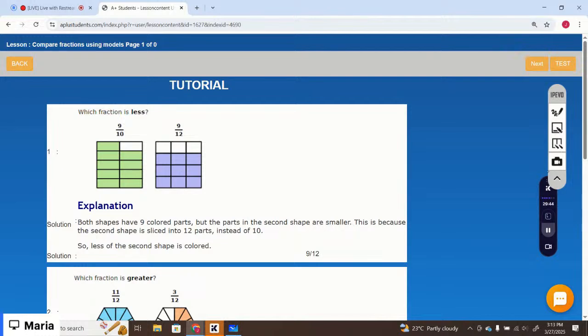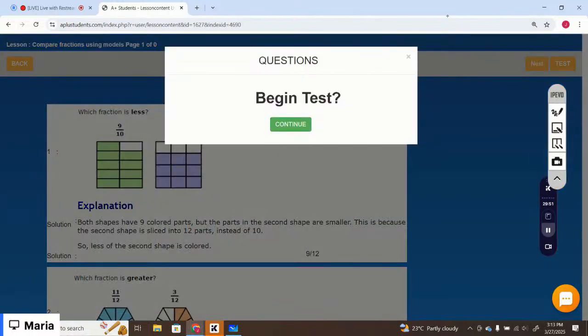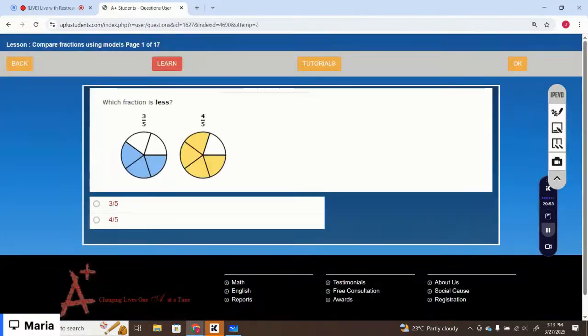So 9 by 10 has a greater portion colored than 9 by 12, so 9 by 12 is less than 9 over 10. Let's just start with the test questions.